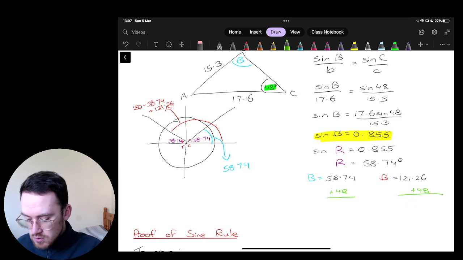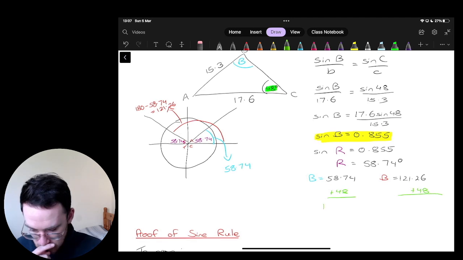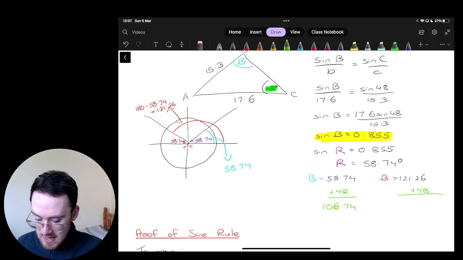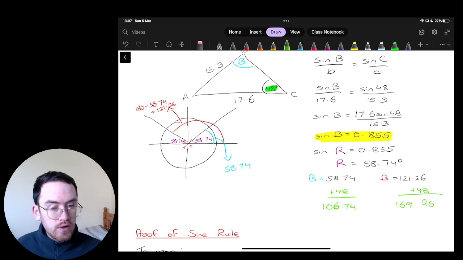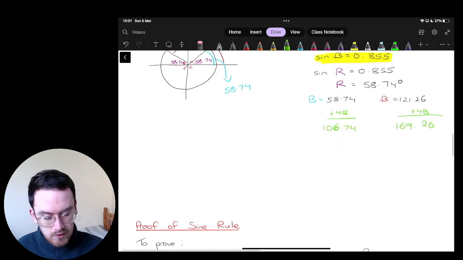For the first one, we end up with an answer that's just over 100, so that's fine. For the second one, again, we do end up with an answer that is possible, 169.26 degrees.